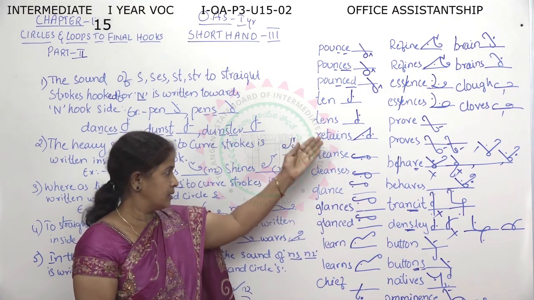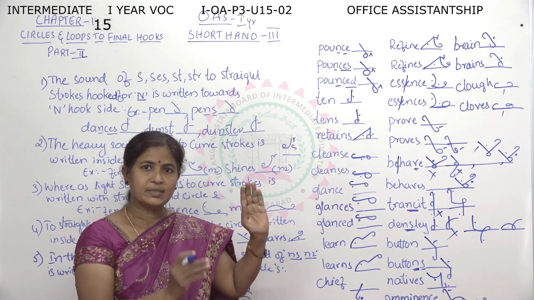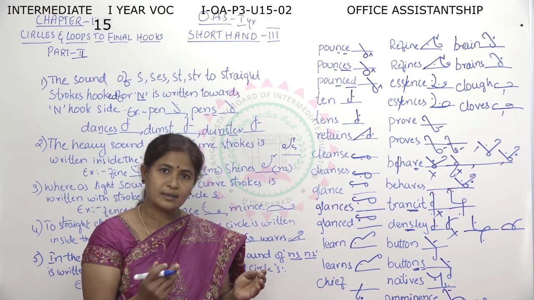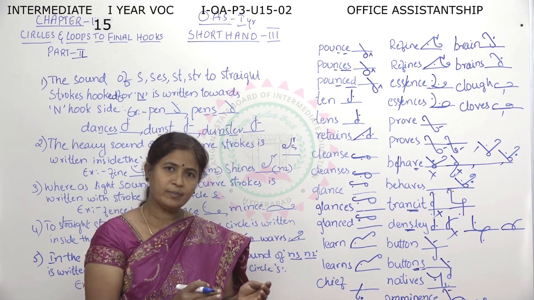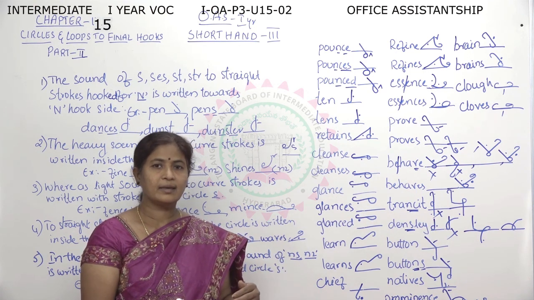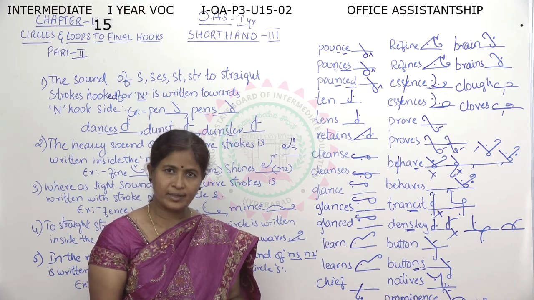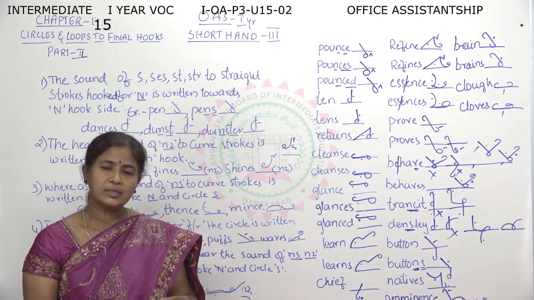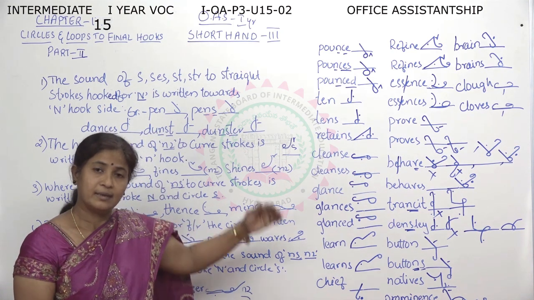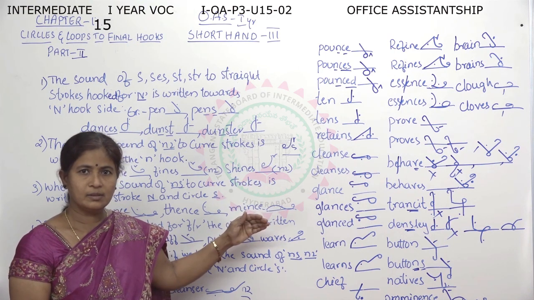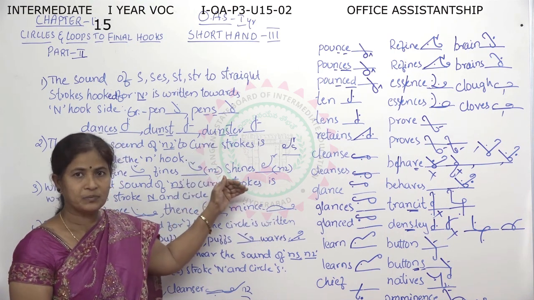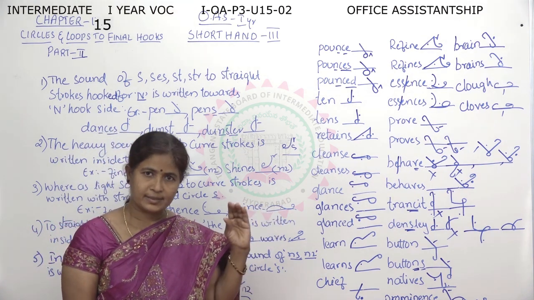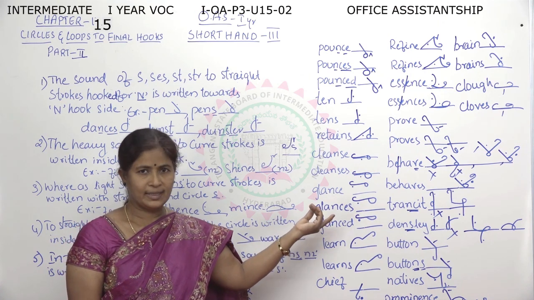I have shown you the difference between circle S and the circle coming after N, the large circle and the large circle coming after N, the st loop and the str loop, simple st and sd or str coming after N. I have shown you the words. Please practice the word exercises. First, understand the rules. Copy down all the rules with examples. Read it, understand it. Then practice the word exercises given in your textbook. Then go for grammalogues.